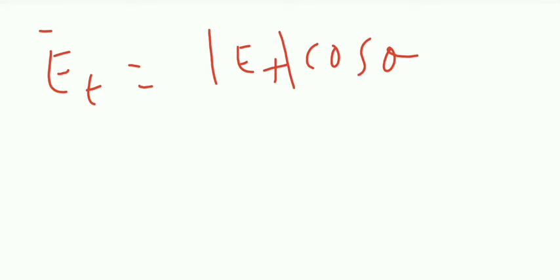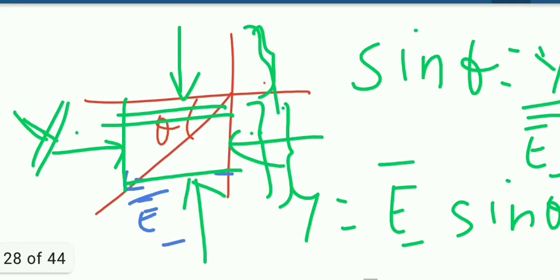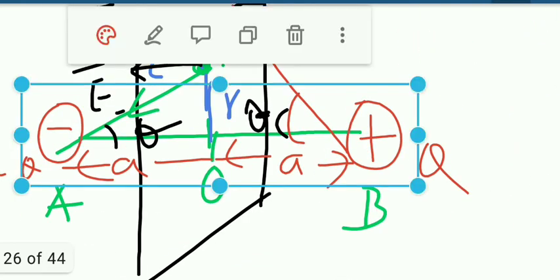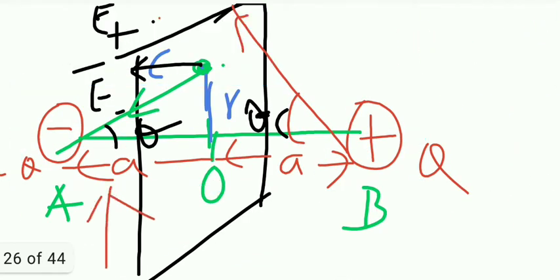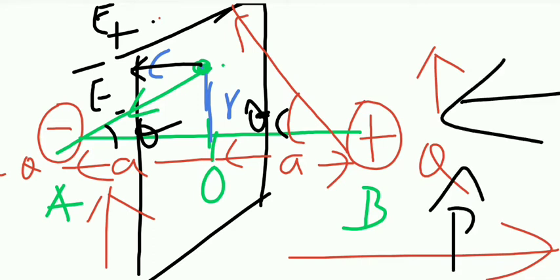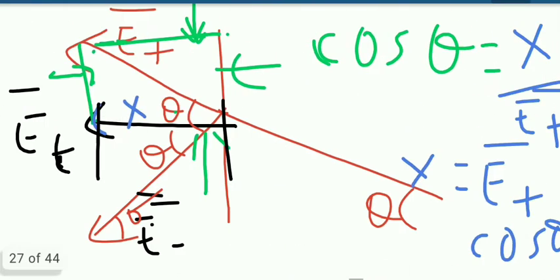My negative charge is located here, the positive charge is located here, so the dipole moment will be in this direction. But my E total is moving in the opposite direction. So if this is P cap, E will be acting in the minus P cap direction. So what do we have to do?